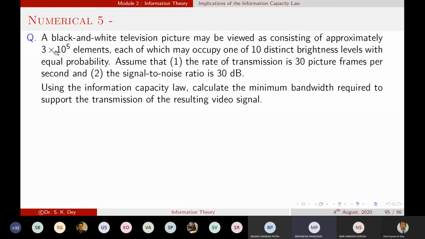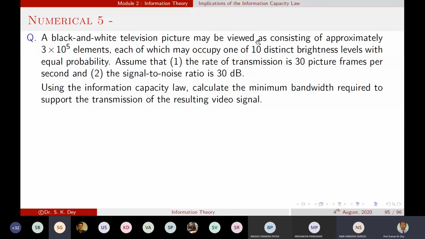Then we can do the calculation: 9 into 10 to the power 6, and there are 10 distinct brightness levels for each element, so we can just multiply by 10. That first part is correct. In the second portion you made a little bit of a mistake.